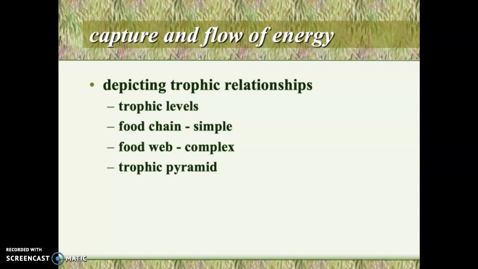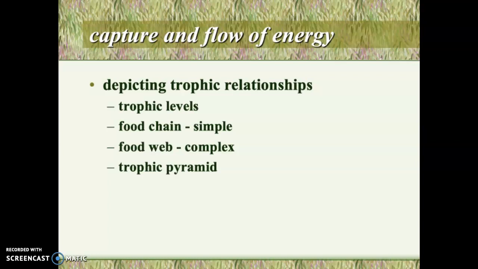The very simplest way to look at it is a food chain. So at the start of the food chain, you would have an autotroph, a photosynthesizer usually, for example, a plant. Then something would eat that photosynthesizer, might be a little bug, and then something would eat that, might be a bird, and then something else even bigger might eat that, and then that gives you a chain of things eating things.